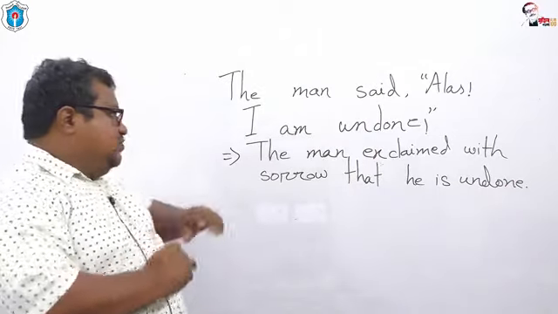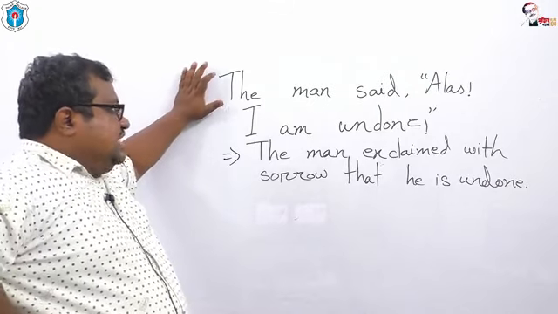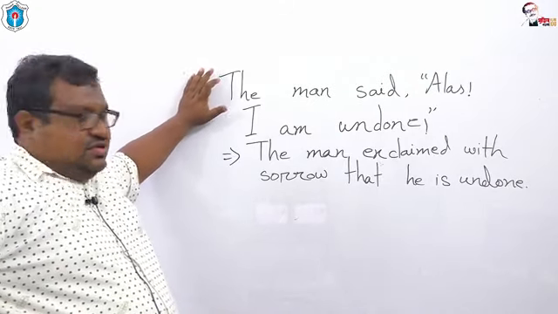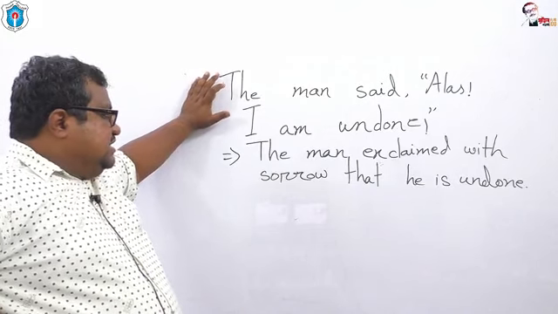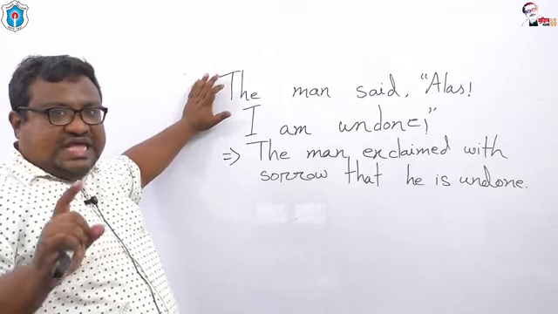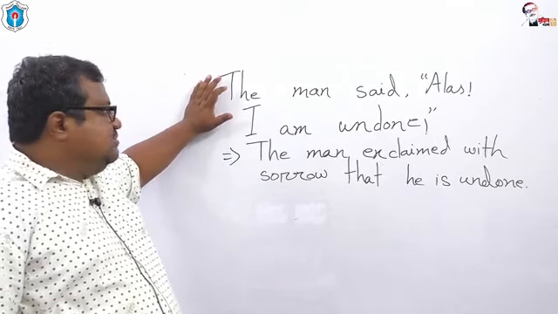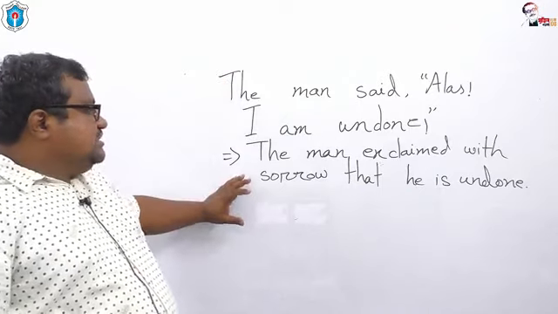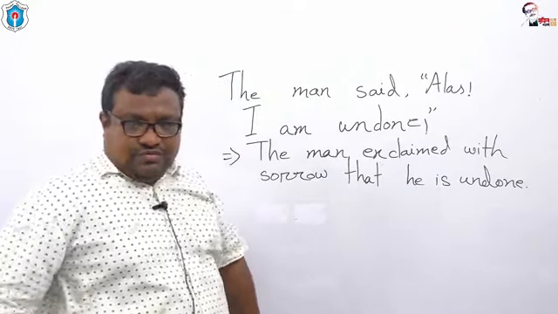So here, when the man is saying, "Alas, I am undone," we are using the expression exclaimed with sorrow. As the person is very much sorry, he is grieved, so we are using the words exclaimed with sorrow.